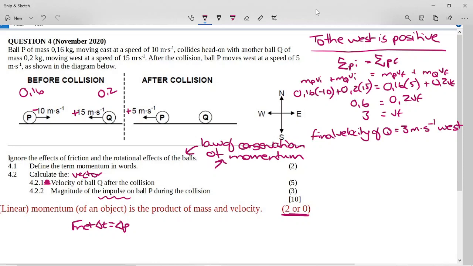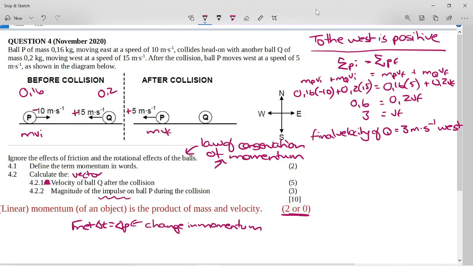But the thing that we're most interested in is the impulse is the change in momentum. It is actually delta P. So as you can see, sometimes you use this formula and you need the force and the time. We've got none of that information here, but we do know ball P's initial and its final velocity.